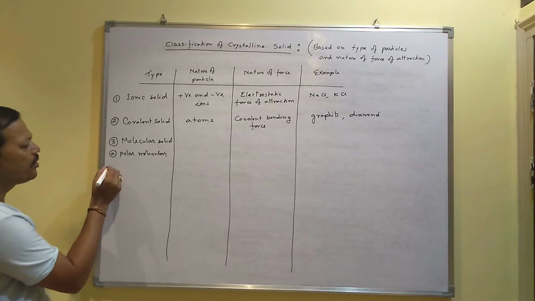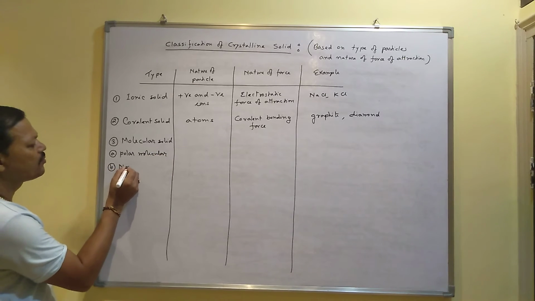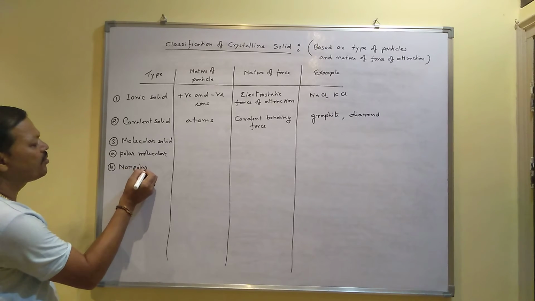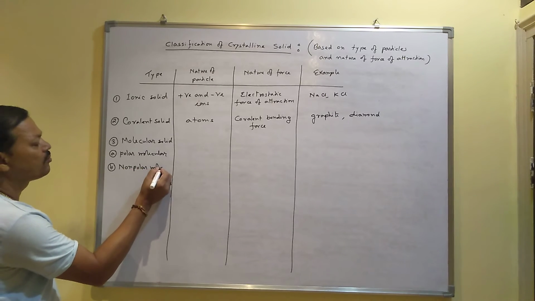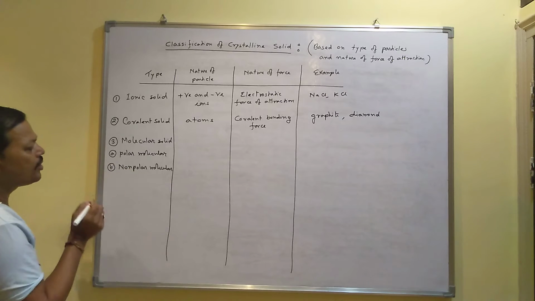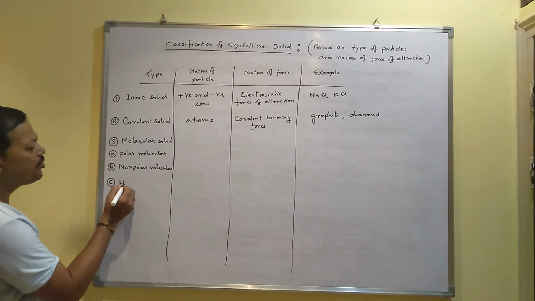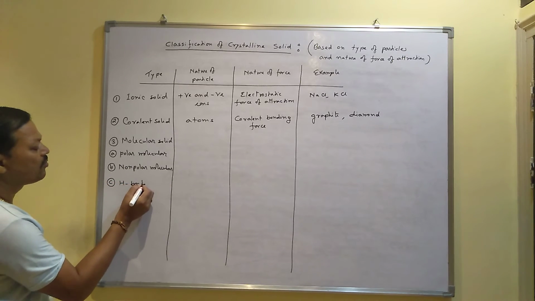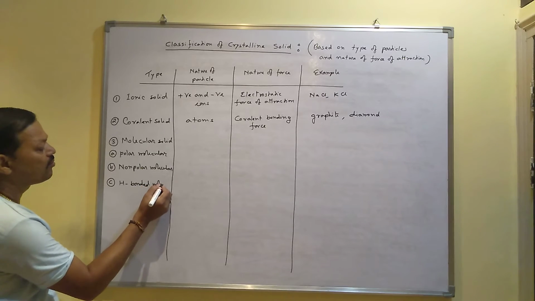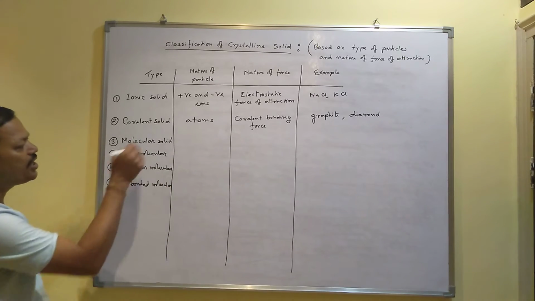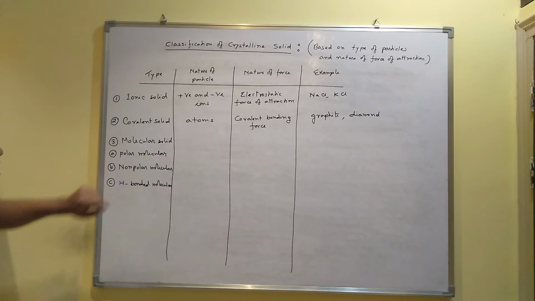Number B, non-polar molecular solid. And number C, hydrogen bonded molecular solid. There are three types of molecular solid I have given as A, B, C.